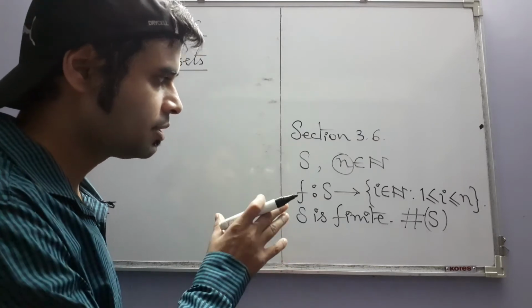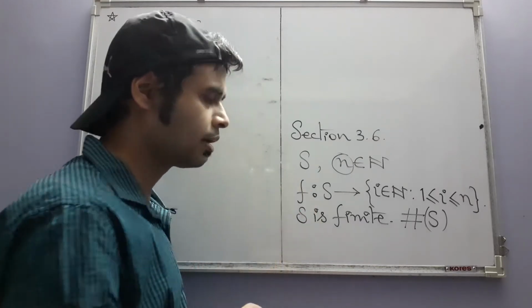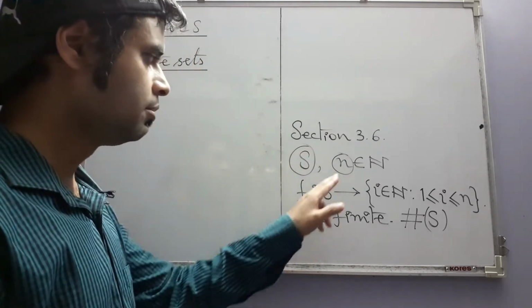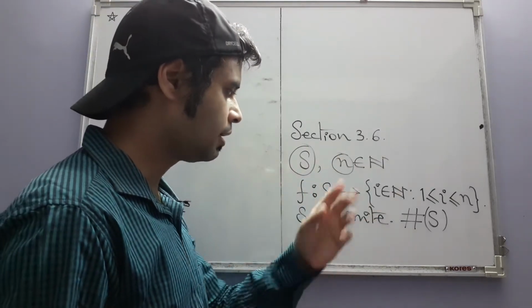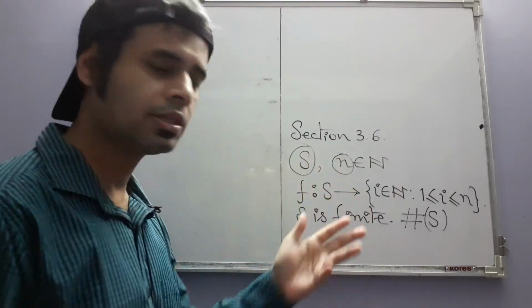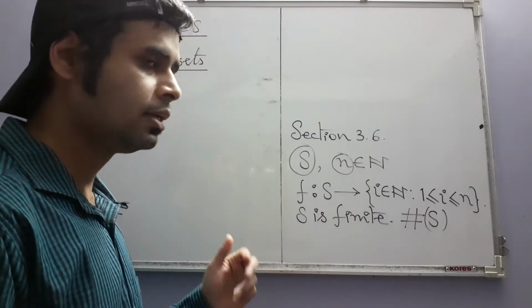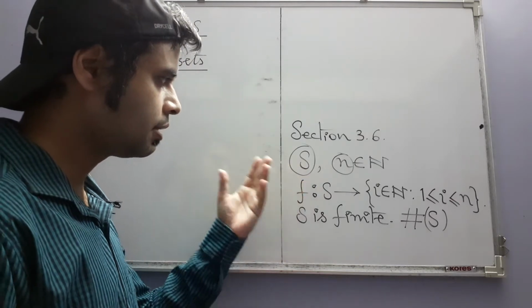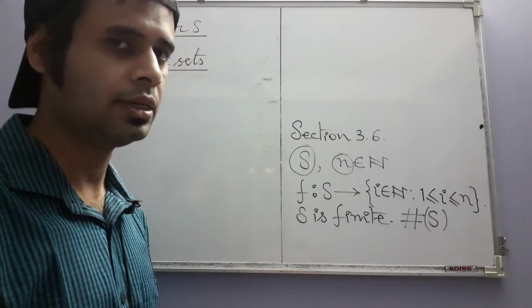And a part of this definition says that if this does not happen, that is, if for a given set S, it turns out that there is no natural number n for which all these things happen, then S is said to be infinite. In other words, if S is a set which is not finite, then it is defined to be infinite.